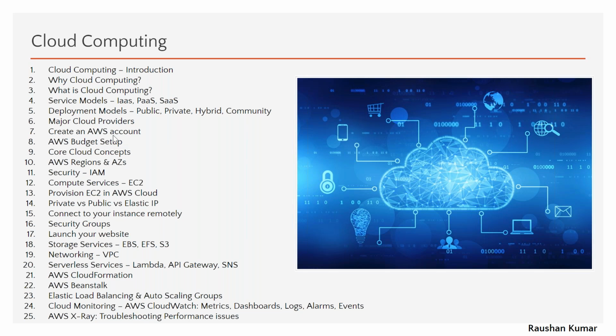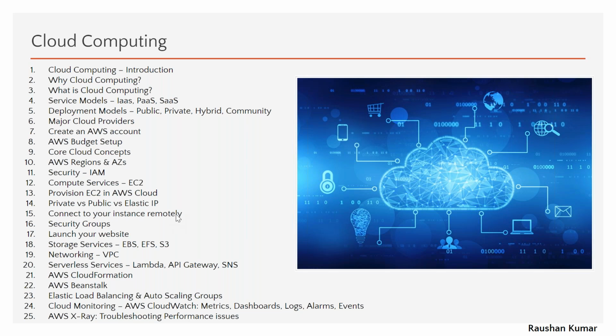And then we're going to talk about a lot of services, like security. We'll talk about IAM. We'll understand what an AWS region is and what AZs are. We're going to talk in detail about how we create and provision an EC2 instance, and what private, public, and elastic IPs are.